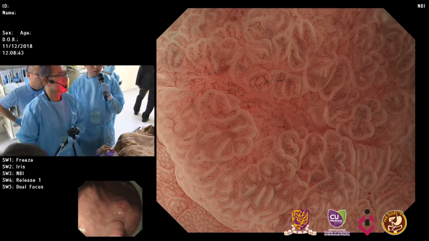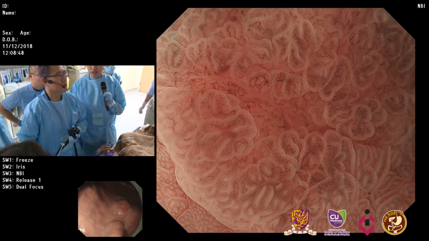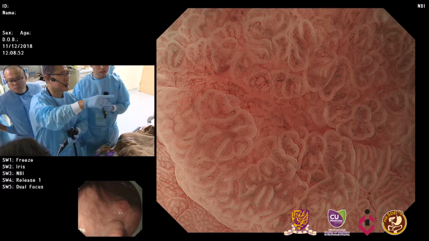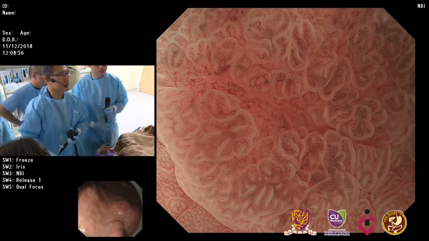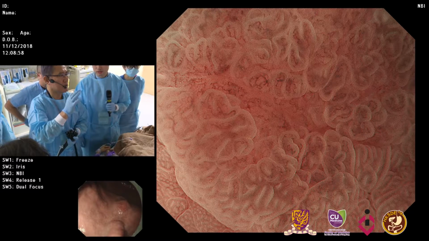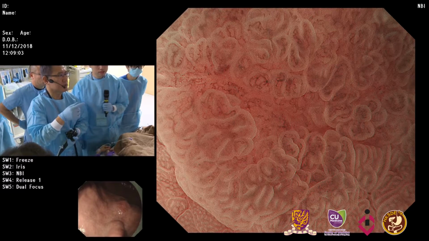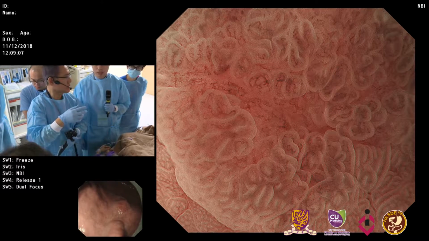So we should focus on the demarcation between normal and abnormal mucosa, the demarcation line. And in addition, we can see the very circular marginal crypt epithelium. That can be papillary structure in the histological specimen. That means this is more than low-grade dysplasia.